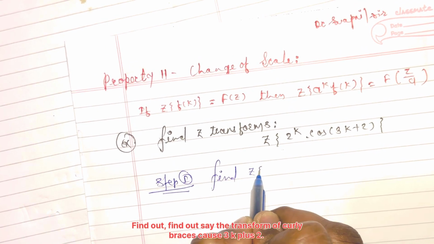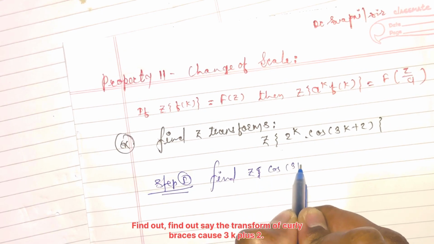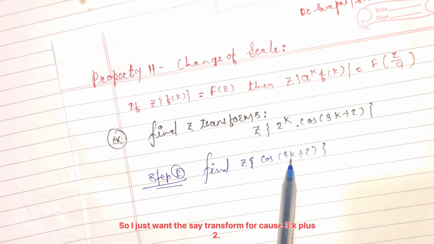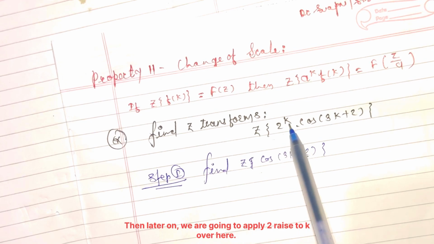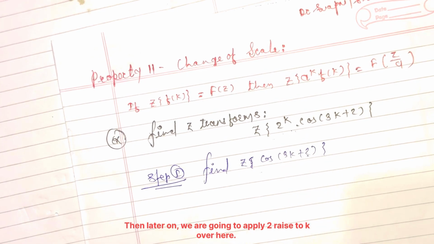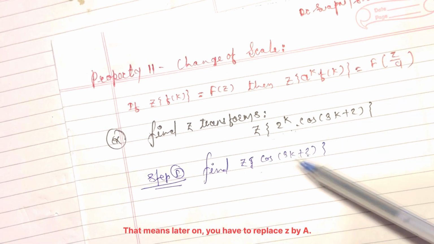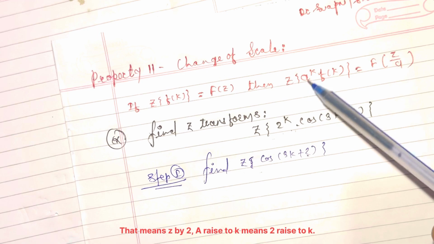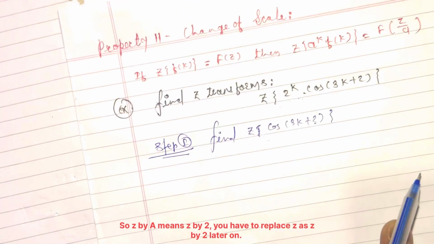Then later on we apply 2 raised to k, which means we replace z by z by a, that is, z by 2. That's it.